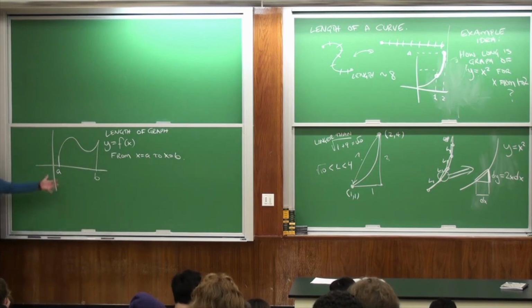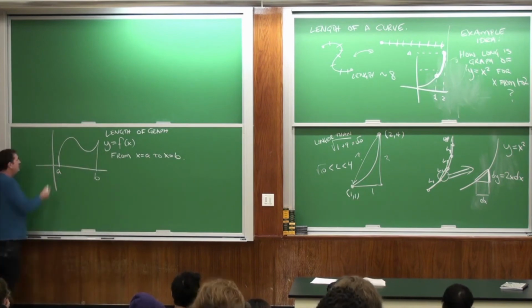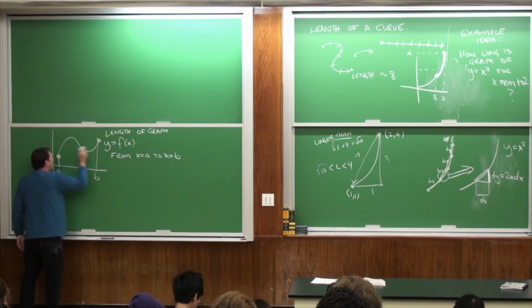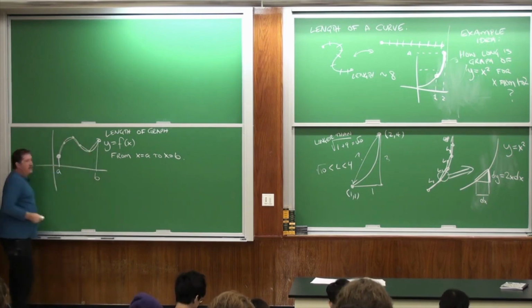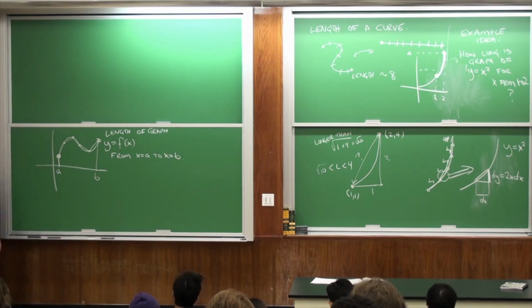Well, it's exactly the same process. I want to go from here to here, so I do the same trick. I chop it up into a bunch of little segments and add up the length of each of those little segments.